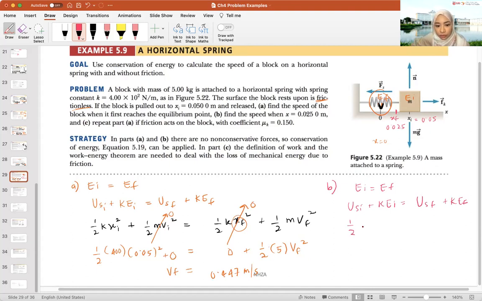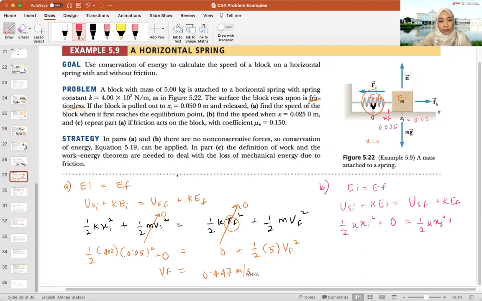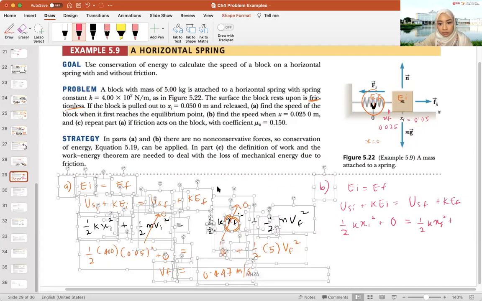This is 1 over 2 KXI squared, 0 equals to US final plus KE final. And then this is 7.4. So, let me make this smaller because we're done with this guy.